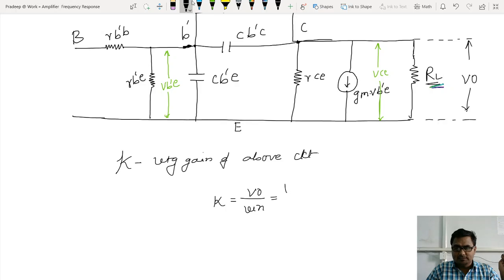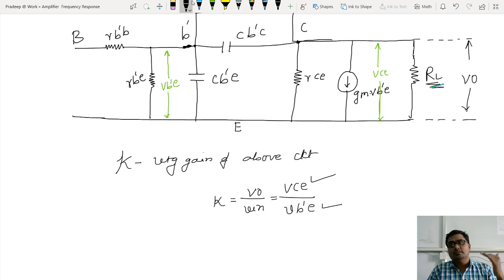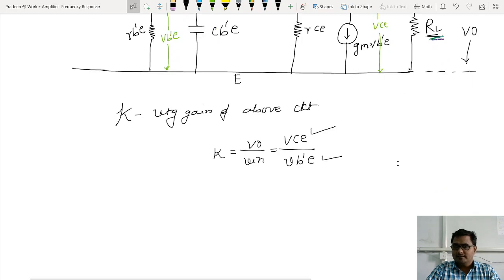So the gain is VCE divided by VB'E. Collector to emitter voltage is my output voltage, and base to emitter voltage is my input voltage. So the ratio of output voltage to input voltage is my voltage gain. So VCE divided by VBE, that's what I'm writing here.